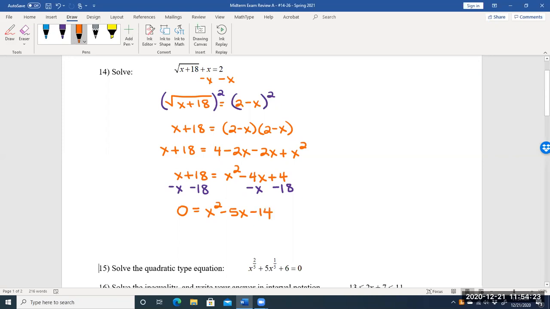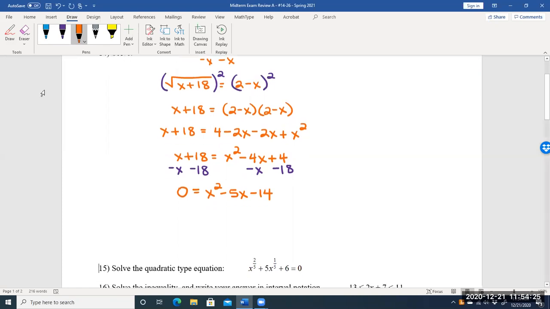Now to solve this, we can either use the quadratic formula or we can see if it factors. And this one does factor. We can find two numbers that add to negative 5 and multiply to negative 14. Those two numbers would be a negative 7 and a positive 2.